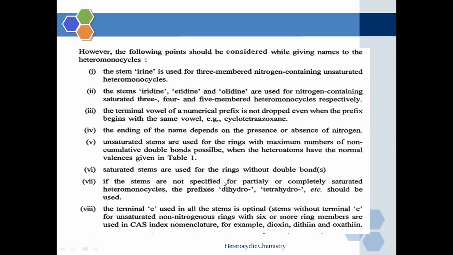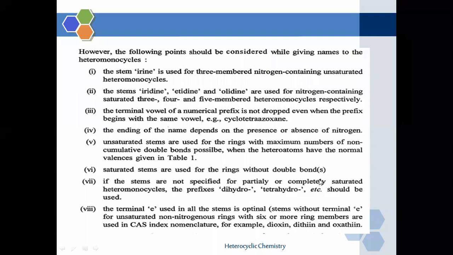If the stems are not specified for partially or completely saturated heteromonocycles, suppose benzene has 3 double bonds, and if only 1 double bond is saturated and the remaining 2 double bonds are unsaturated, at that time we use the word dihydro. If 2 carbon atoms are reduced, dihydro, tetrahydro.